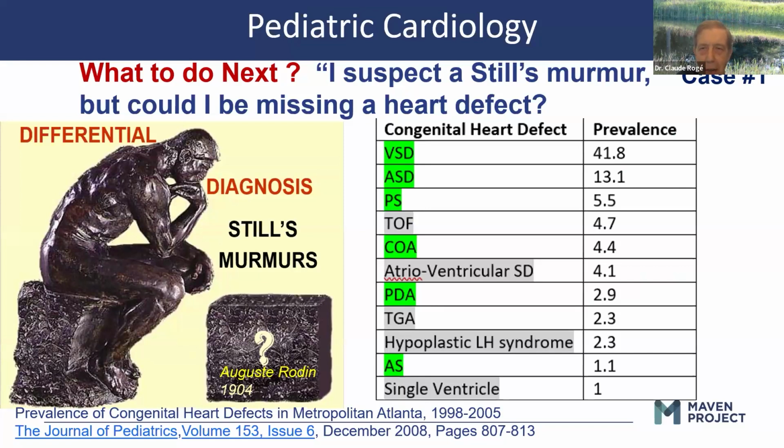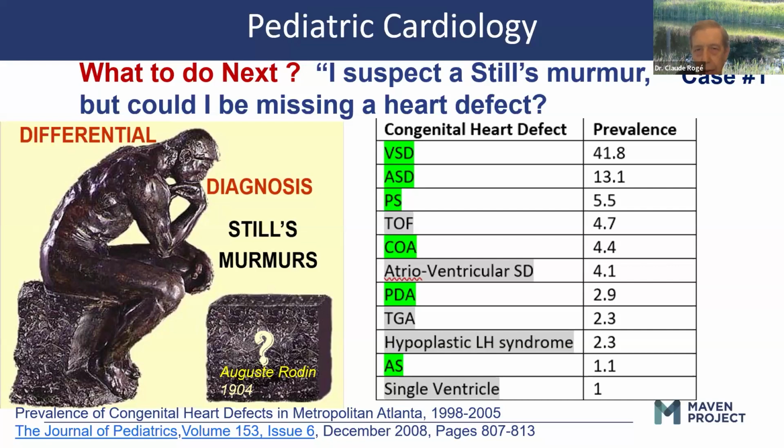Now, I listed here the prevalence of congenital heart defects detected in Atlanta recently, in order of frequency. In green are the conditions that you, as a primary care provider, are likely to detect before they are screened in utero or shortly after birth.